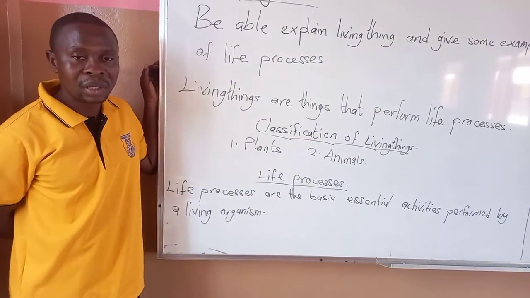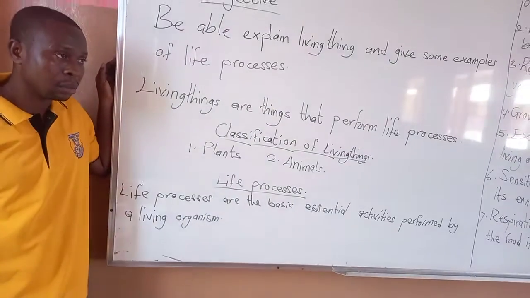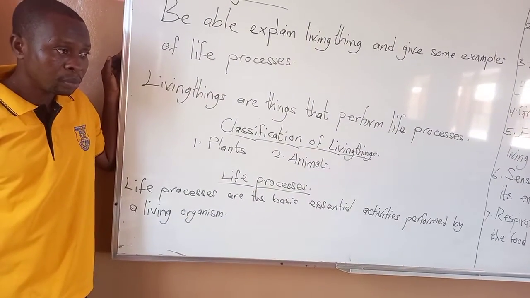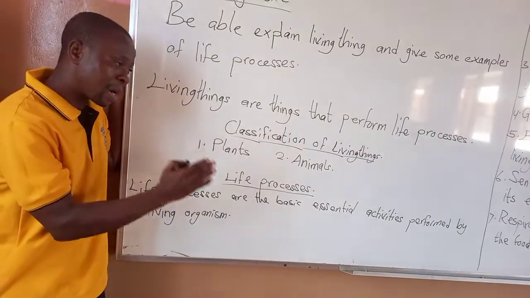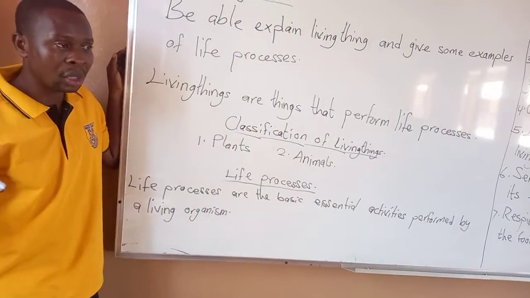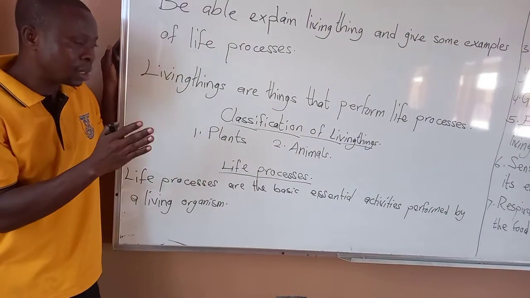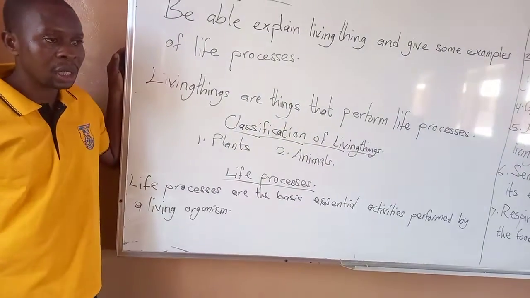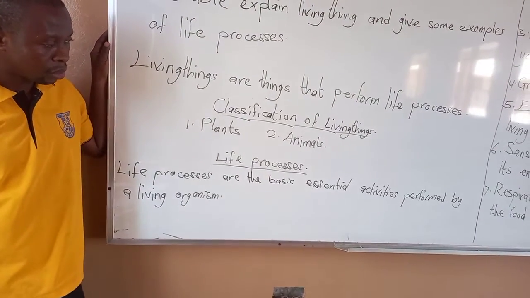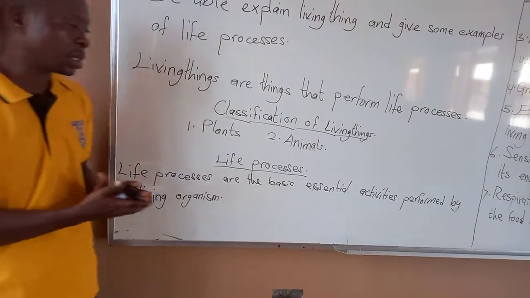Though there are some plants that are not living, and at times some animals that are not living, when we are talking about living things, we are basing our lesson on plants and animals.